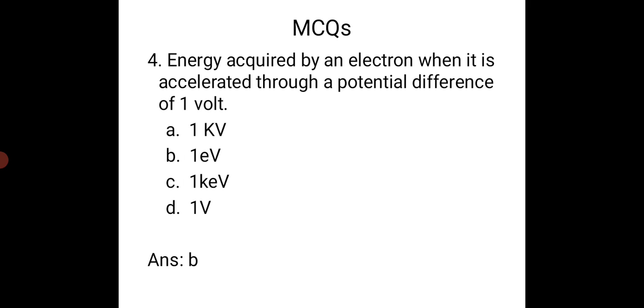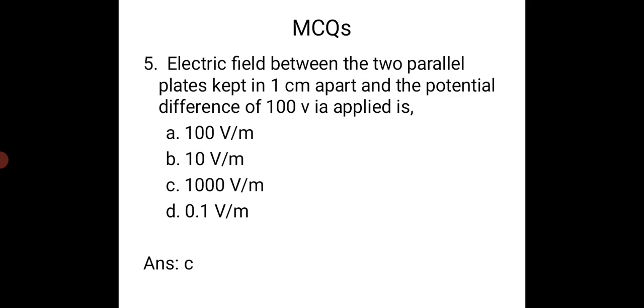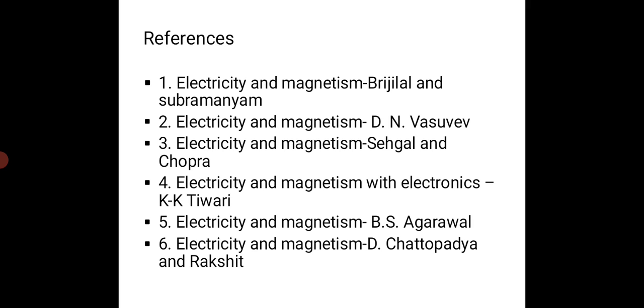The energy acquired by an electron when it is accelerated through a potential difference of 1 volt is 1 electron volt. The electric field between two parallel plates 1 centimeter apart with a potential difference of 100 volt applied is 10000 volt per meter. For this, you can refer to different reference books as given in the list.